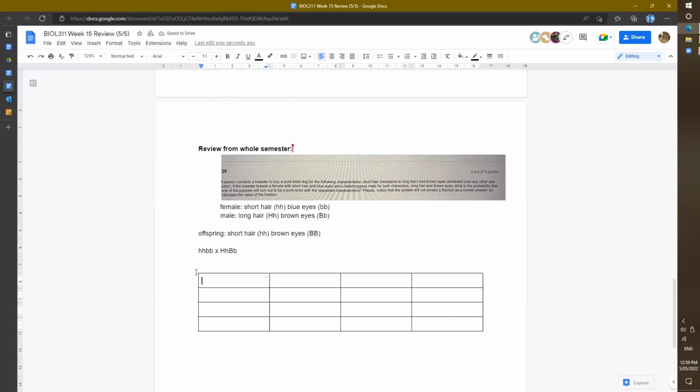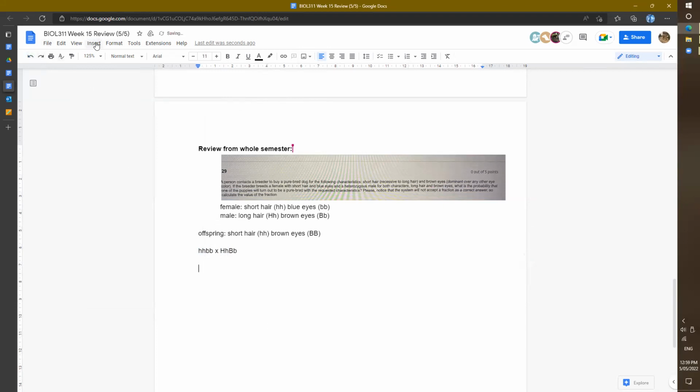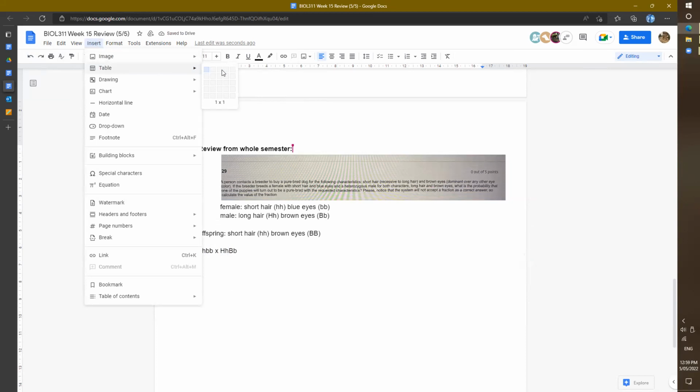I don't even know how to do this anymore. So we're going to have this HH crossing with this HB, and that's going to produce a few different H genotypes. Okay, I remember now. So I'm going to need a different table.